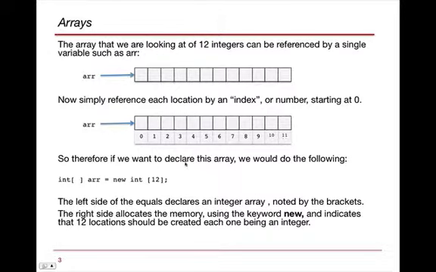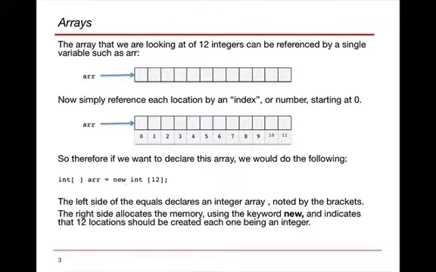So if we wanted to declare this array, we would do the following. We basically start with int bracket bracket ARR. ARR is the variable name, and that could be anything you wish. But the int with brackets is to tell Java that we are declaring that ARR is an integer array. We're going to denote arrays with these brackets. The difference here is that when we declare an array, we have to actually allocate the memory, and we do that with the keyword new.